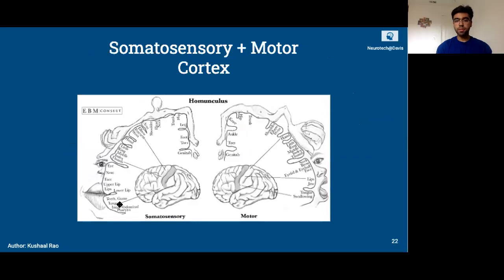This map was actually generated by a scientist named Penfield. Penfield used electrodes to stimulate certain regions of the brain, and then he would ask his subjects where they were feeling their sensations. And then he was able to generate this map of corresponding regions.